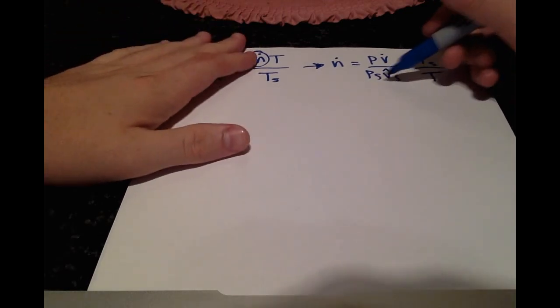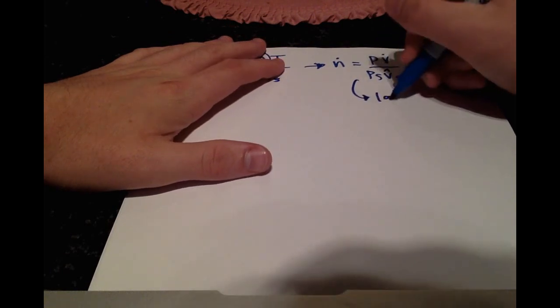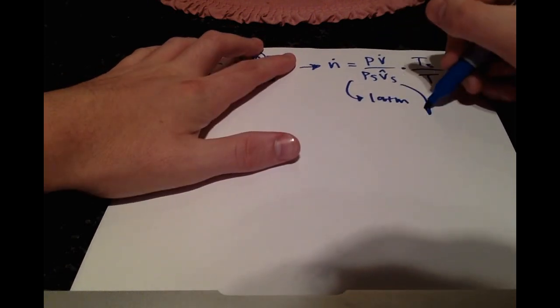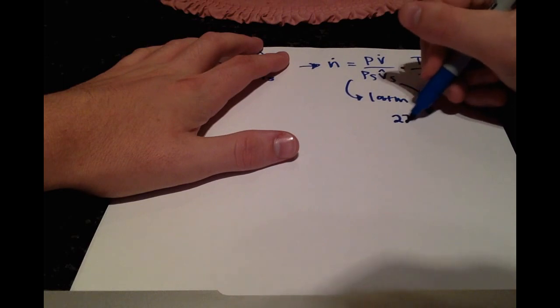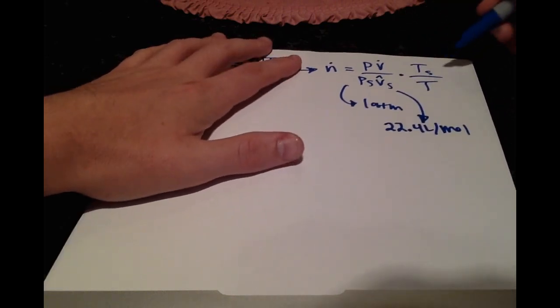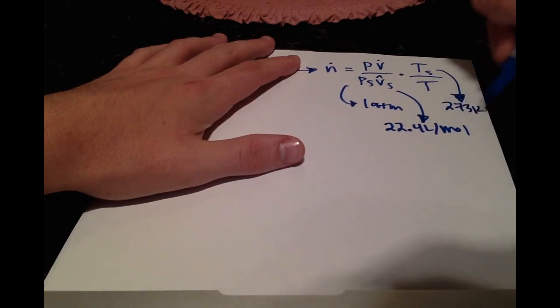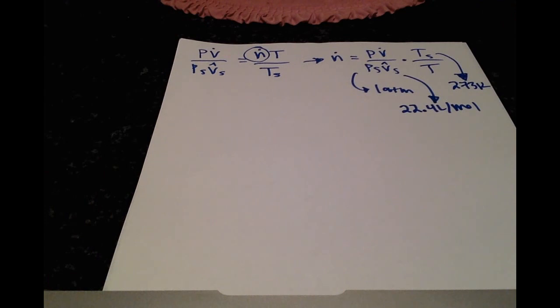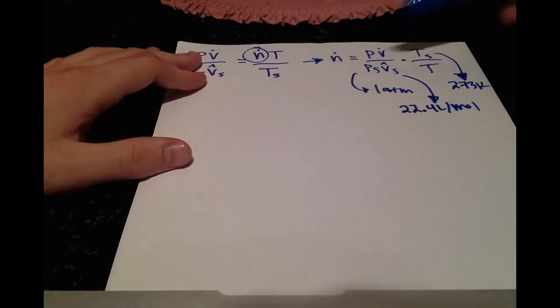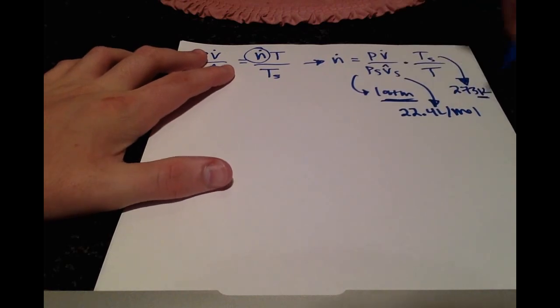Remember, the subscript S just means at standard conditions, so PS is 1 ATM, V hat S is the 22.4 liters per mole, and TS is 273 Kelvin. To introduce our new pressure and our new temperature, they also have to be in these same units.